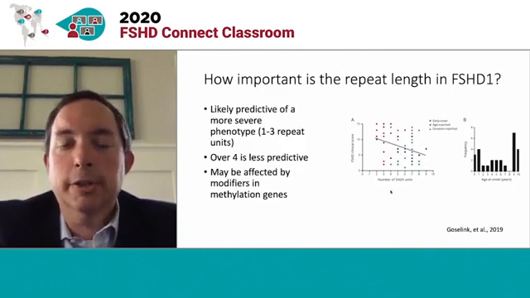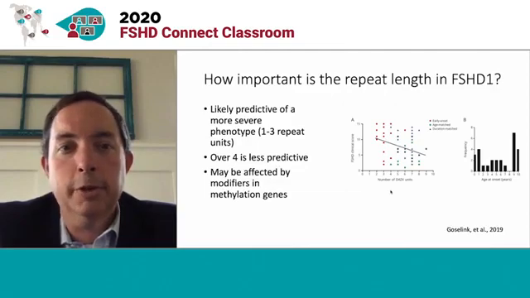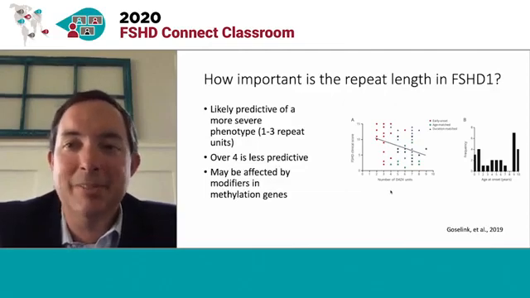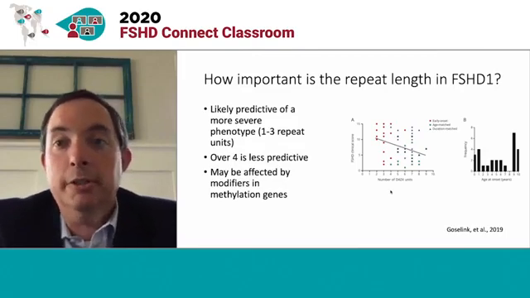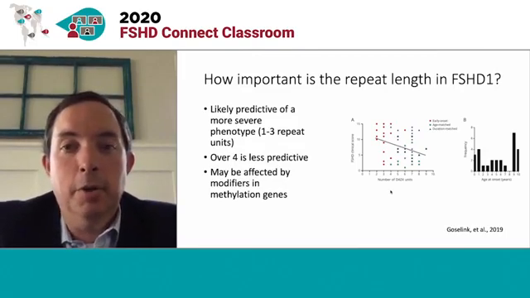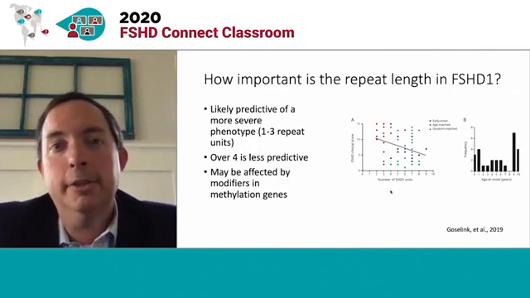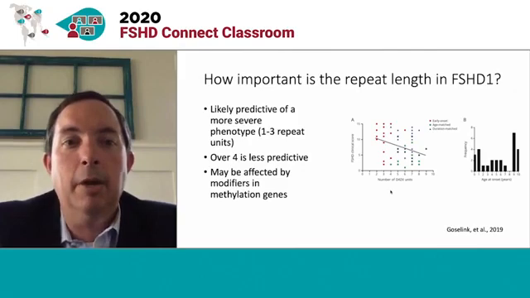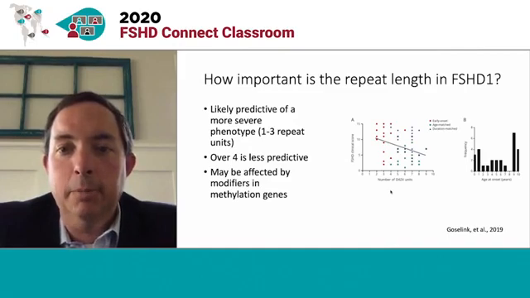So one of the questions that falls from getting the first diagnosis is, all right, specifically for FSHD1, how important is the repeat length? You get a test result back saying that you've got 3 repeats or 8 repeats. How important is that? I like to think about these in bins.